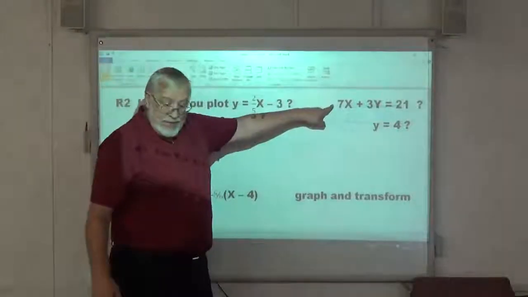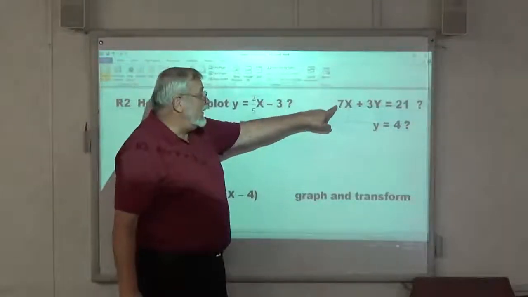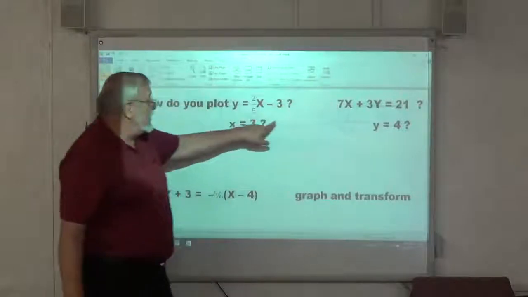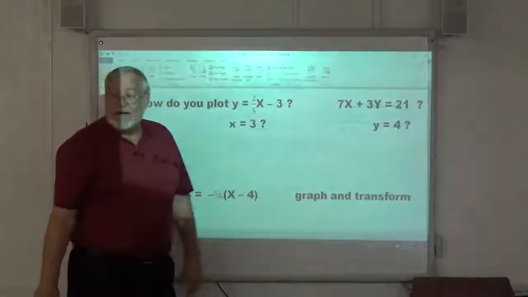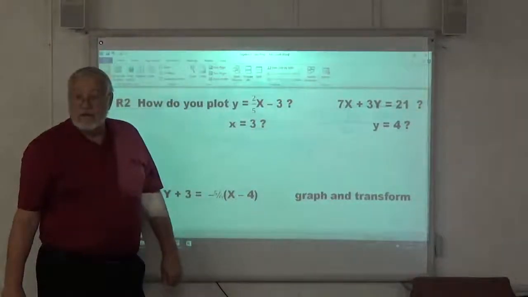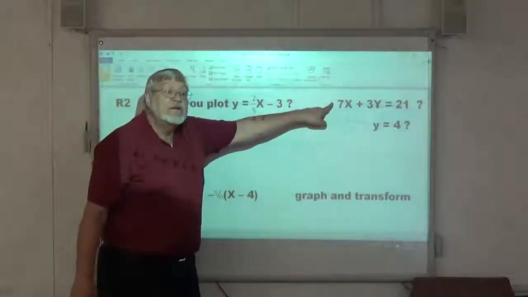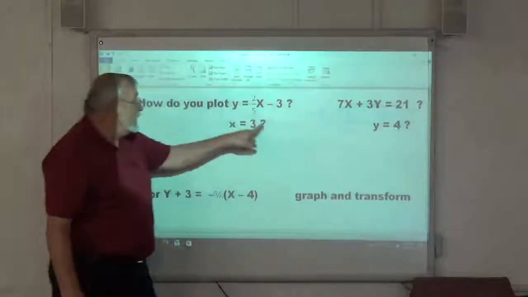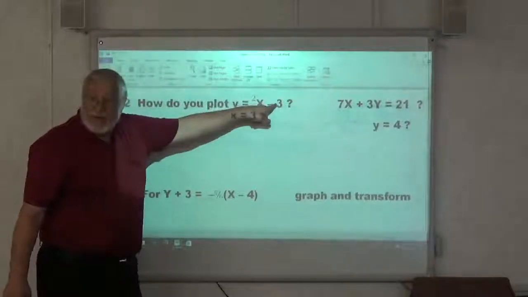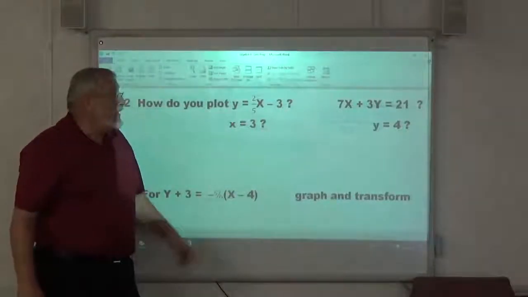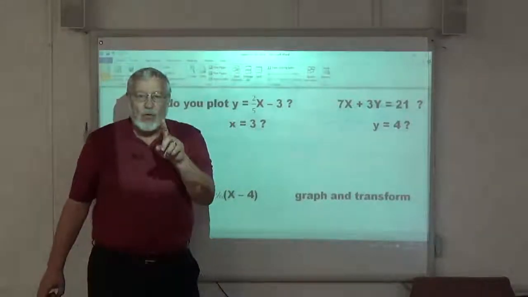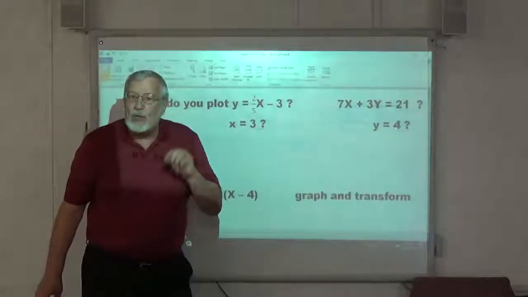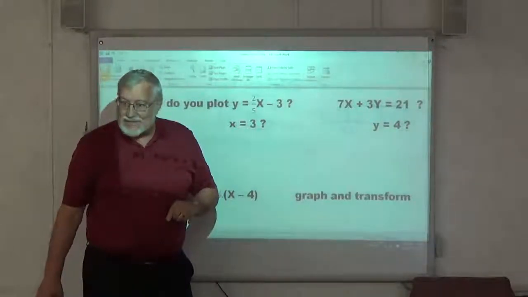Let's look at this one. Okay? Now, what's the difference between this equation and the first one we did? This is called standard form, right? This is called slope-intercept form. Okay? Now, in standard form, how do you determine where the y-intercept is?